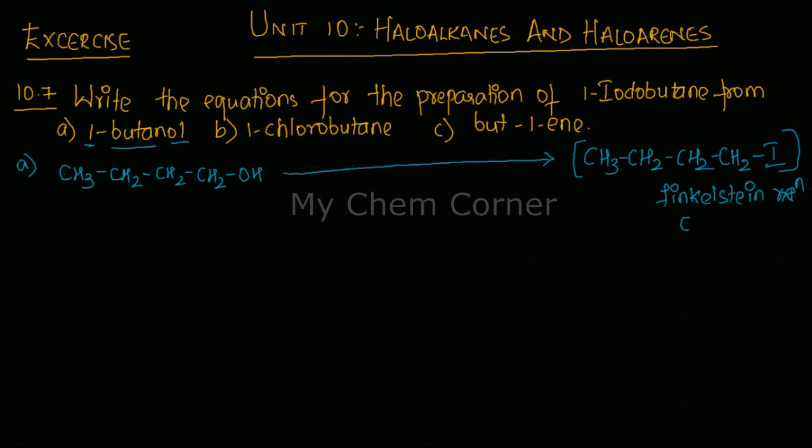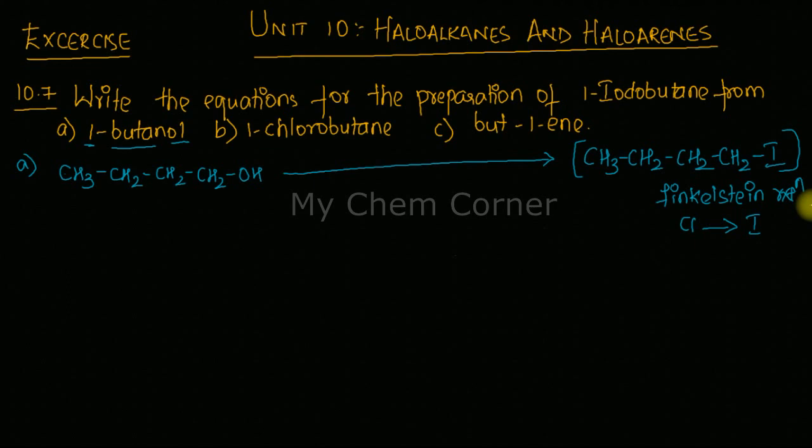It is converting a chlorine atom to an iodine atom. So now we know that if we have a chlorine atom, you can easily convert it to iodine, which is your product, in a process. But do we have chlorine in this compound over here? No, we have alcohol.